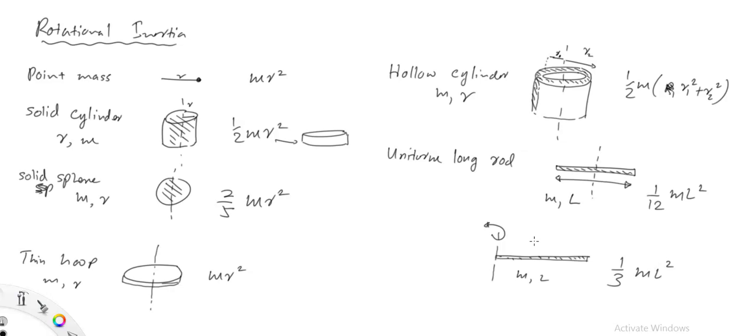Alright, so these are the equations for rotational inertias. Once again, what is rotational inertia? It's the mass equivalent in rotations. So if you are using an equation similar to F equals ma, this is in translational motion, but if you are trying to do the same thing, like what happens to an object's rotation, how fast it's going to rotate when you apply a torque, we replace these terms.